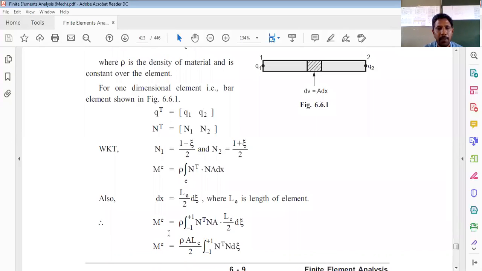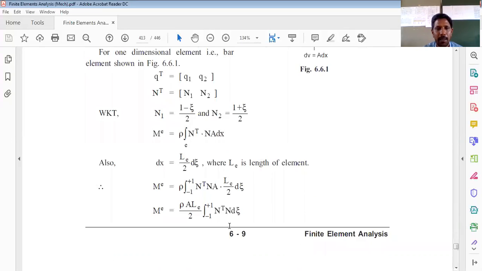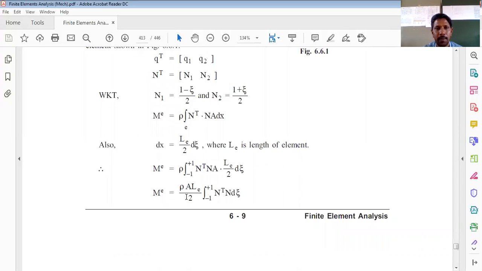When I substitute here, Me is equal to rho times the integration from minus 1 to plus 1 of N transpose A dx, where dx is replaced by Le by 2 into d zeta. This is obtained by using the relation between global and natural coordinates and differentiating with respect to x. You get Le by 2 into d zeta. So Me is therefore equal to rho A Le by 2 integration.